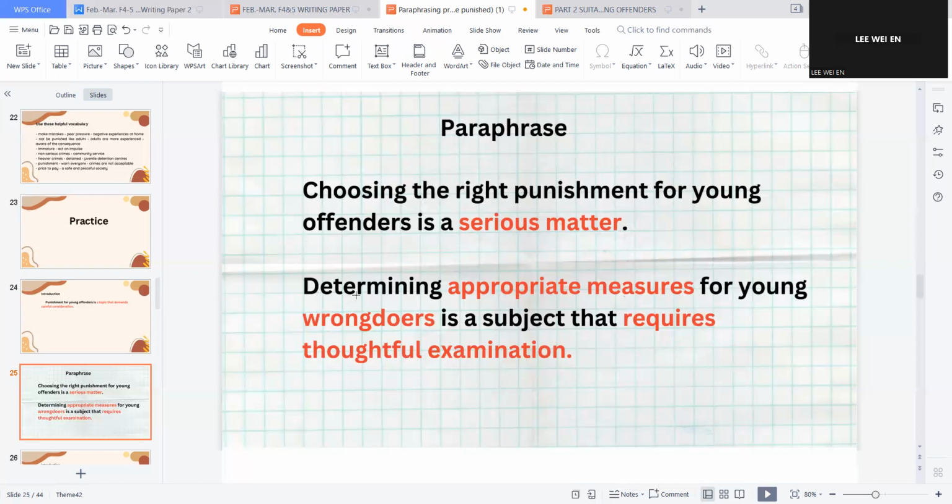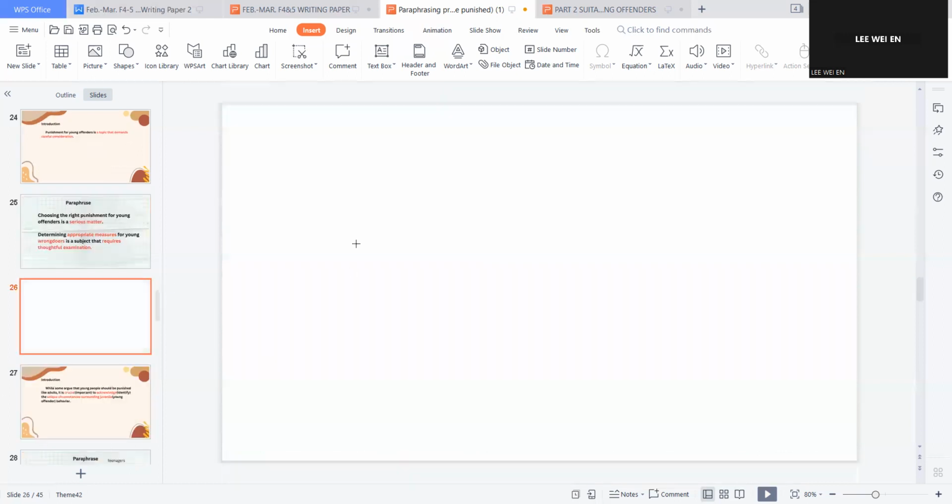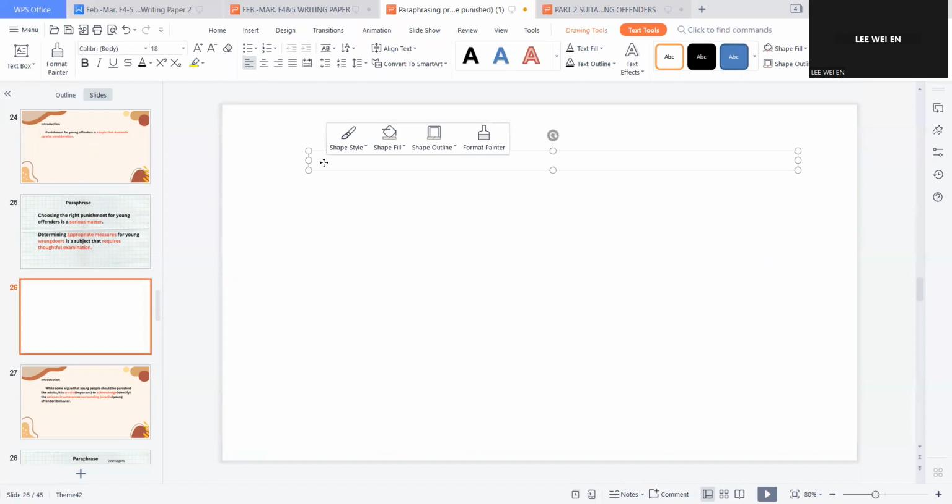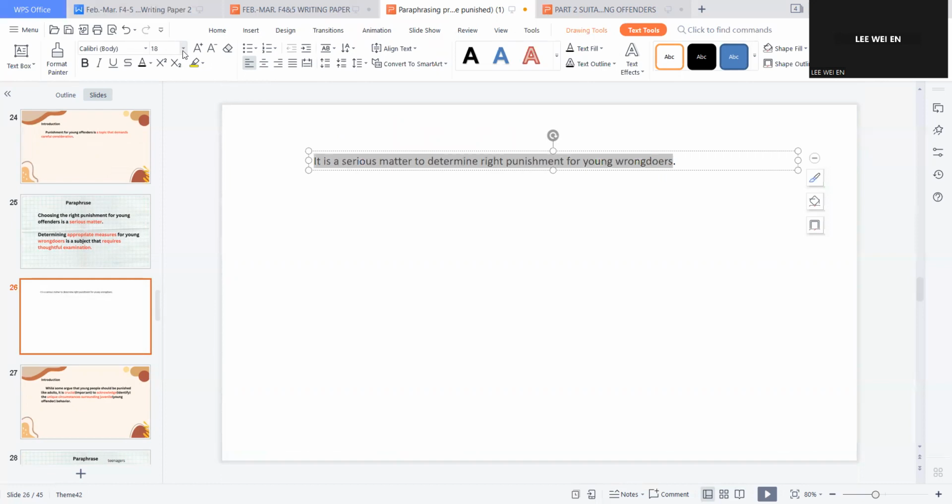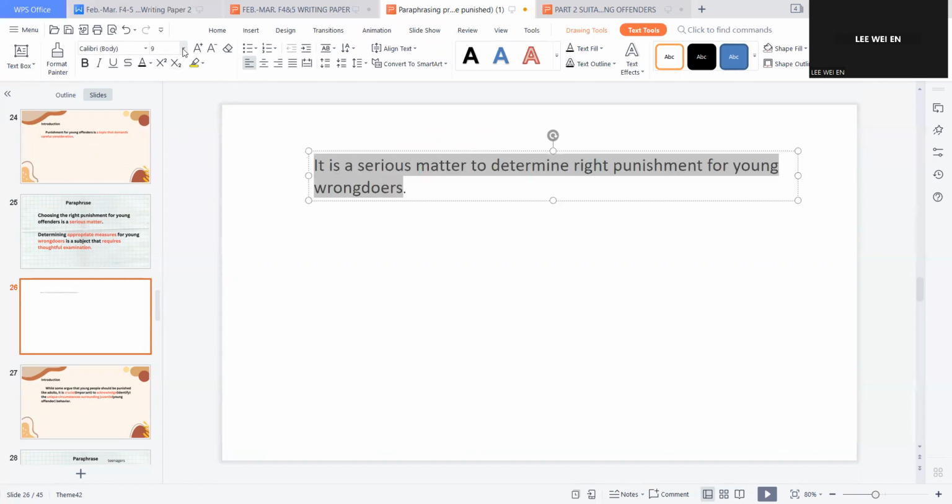All right, so let's look at your sentence. Okay, hang on. Let me copy up your words first. Okay, it is a serious matter to determine right punishment for young wrongdoers.